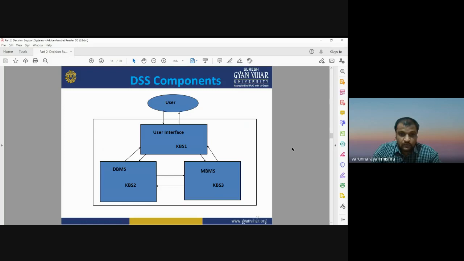So the entire process is interconnected. The several components of a decision support system, whether the user, the database management system or the knowledge based system, are all connected with each other. This is the way in which we can create an effective decision support system for making any kind of decision.